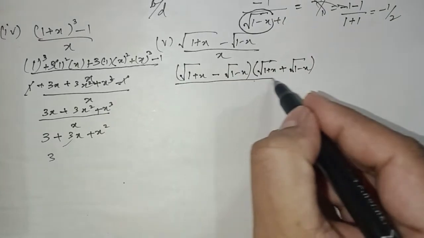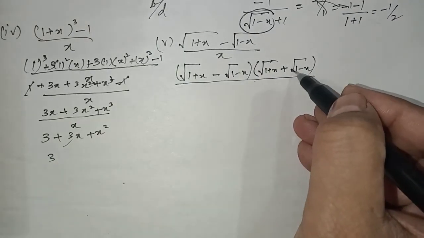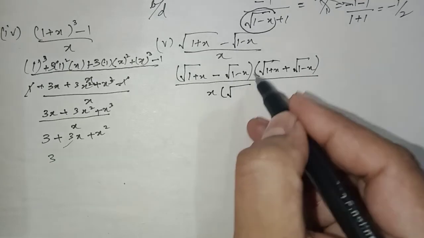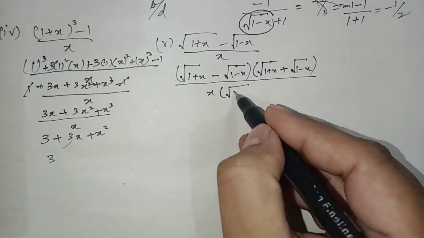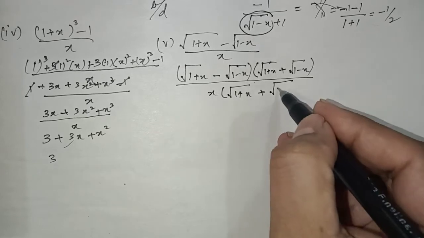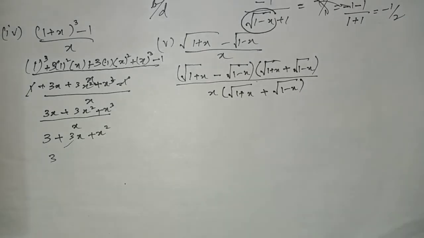The same conjugate that we have multiplied in the numerator will be multiplied in the denominator also. So root 1 plus x plus root 1 minus x, right?